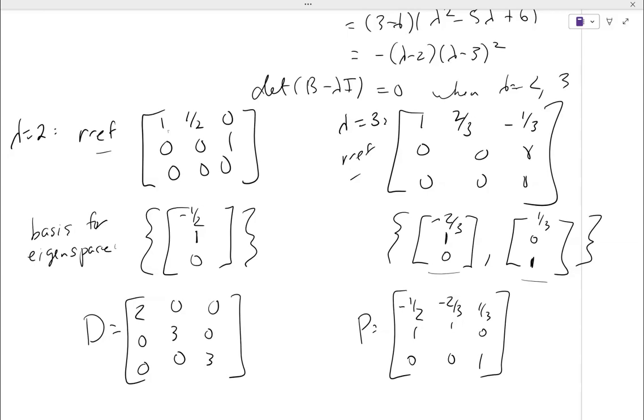Both of them are associated with lambda = 3, so it shouldn't matter the order. I should get the same answer. If I recalculate, I get the same matrix again.